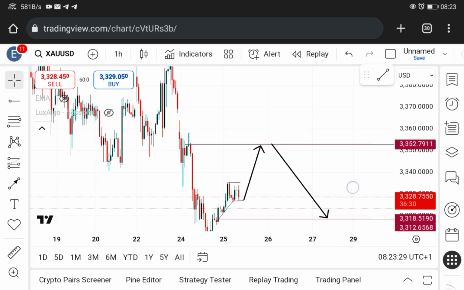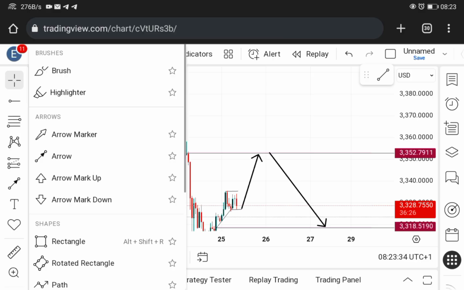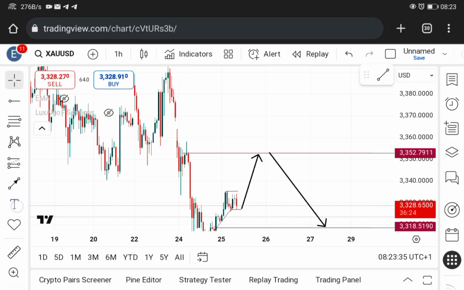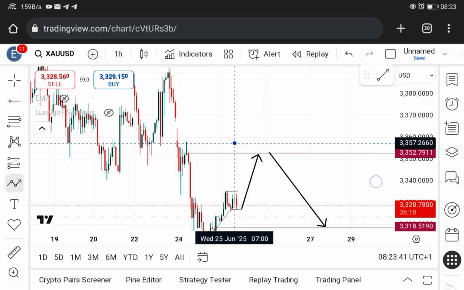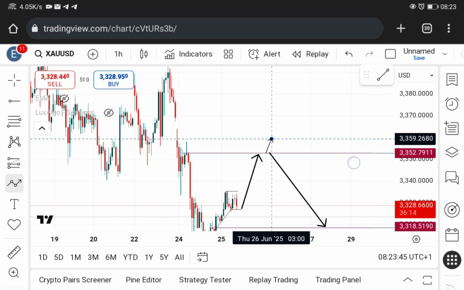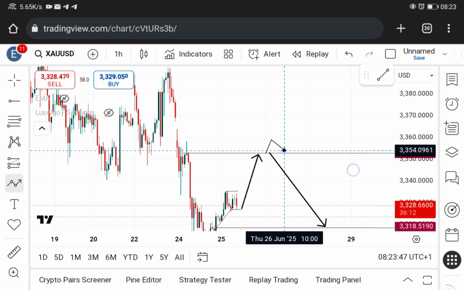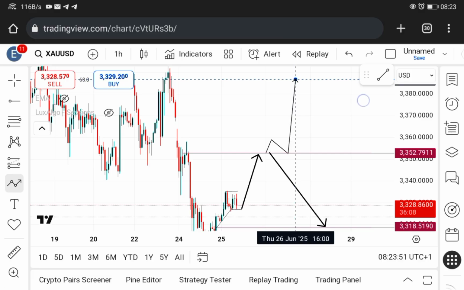And secondly, if the market breaks above, if this market comes and breaks above this liquidity here, it retraces, then I will take it back to this high right there.